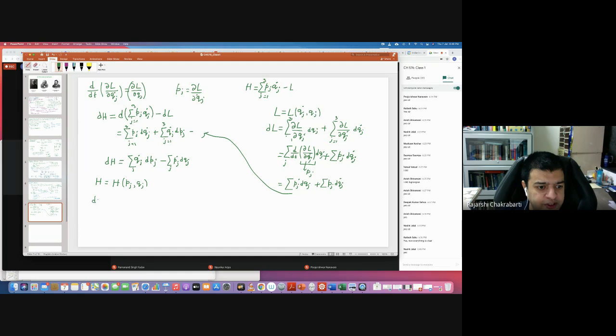So a small differential in the Hamiltonian will be ∂H/∂qj dqj plus ∂H/∂pj dpj. Is this clear? Just what I have done for the Lagrangian, I am doing for the Hamiltonian. The Lagrangian is a function of velocity and position. Here it is a function of momentum and position.